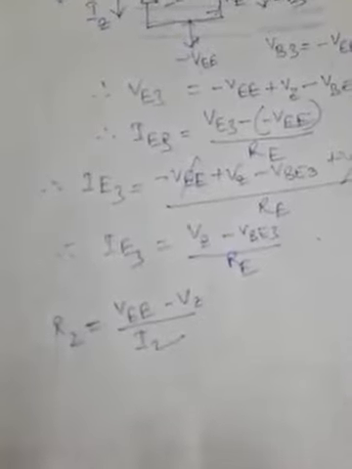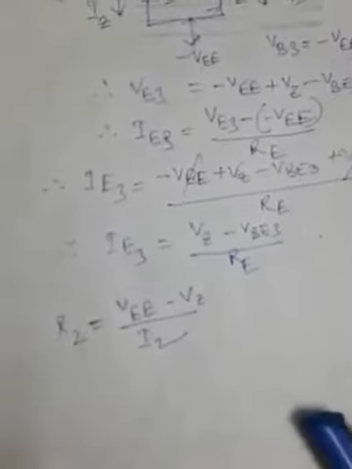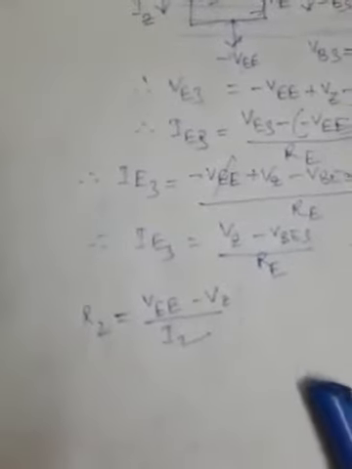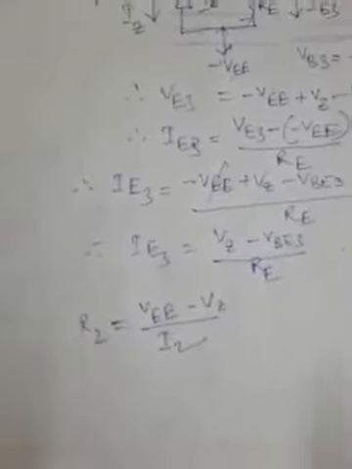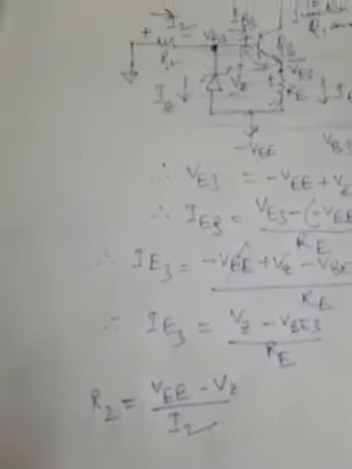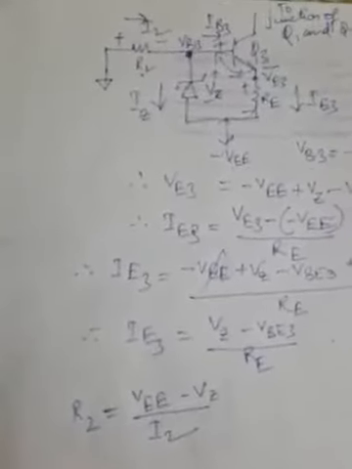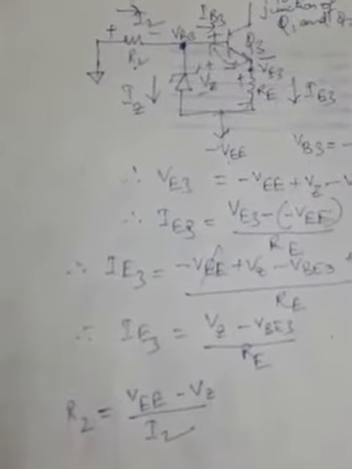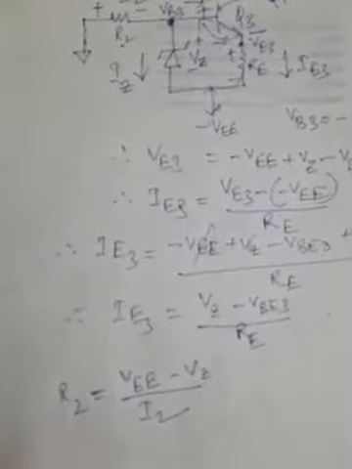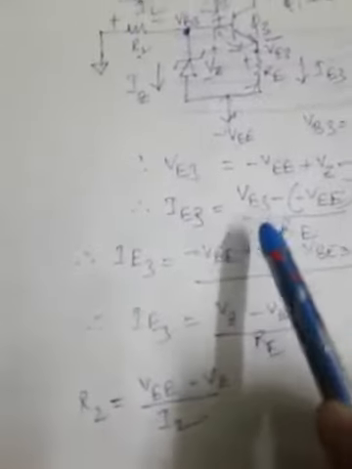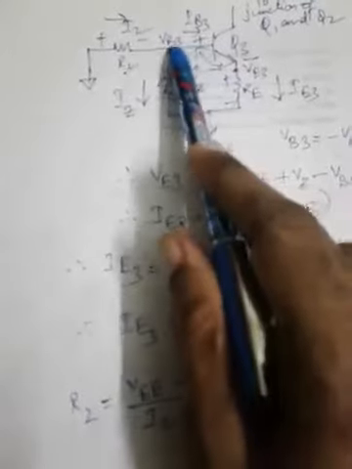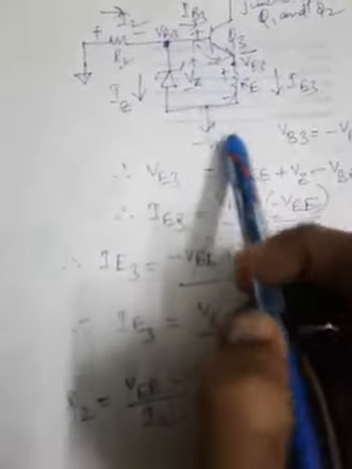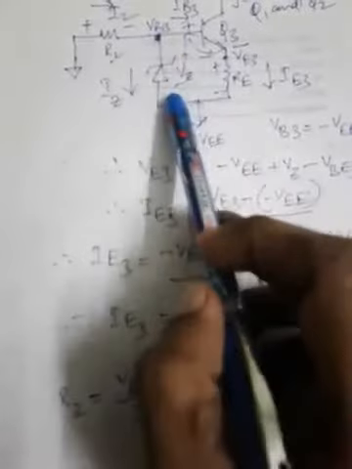So from here we can say the Zener diode is useful for maintaining a constant base voltage, because we know that the Zener diode works based on a Zener breakdown voltage which is constant, and therefore it is used for providing voltage regulation to produce a constant voltage across any two terminals. So that is to maintain constant voltage across this terminal VB3 and this common point, Vz is there.